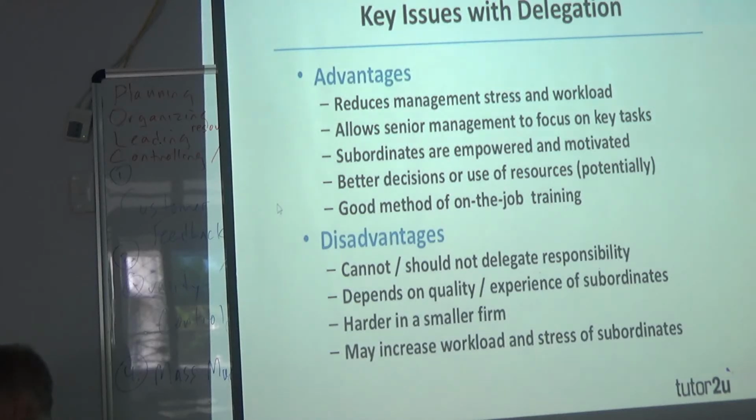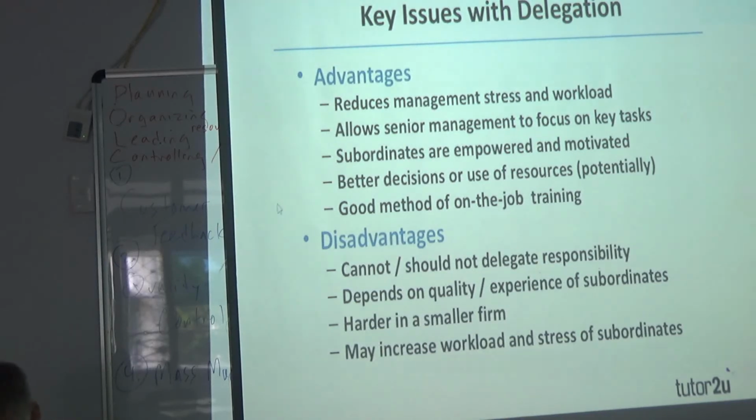Better decisions or use of resources, potentially, and the employees always feel better when they're being taught new skills, so lots of training is involved, and that usually makes employees feel empowered as well. Some people can't delegate. They feel that it's their baby and they can't let other people make decisions.